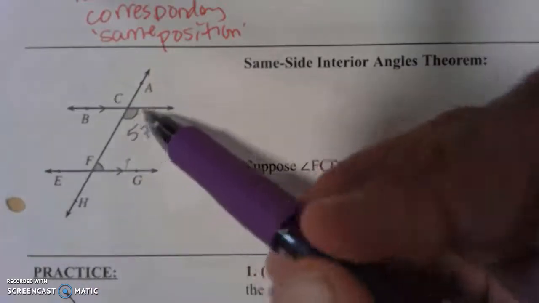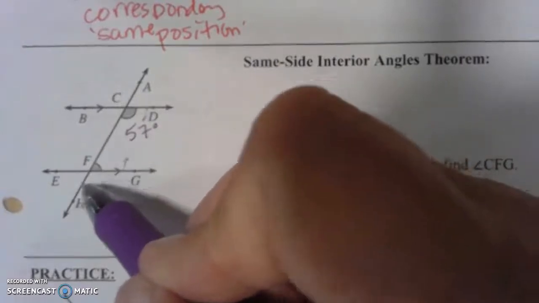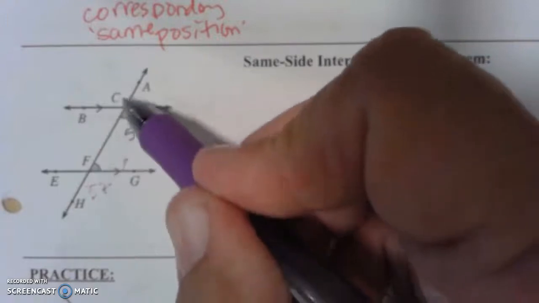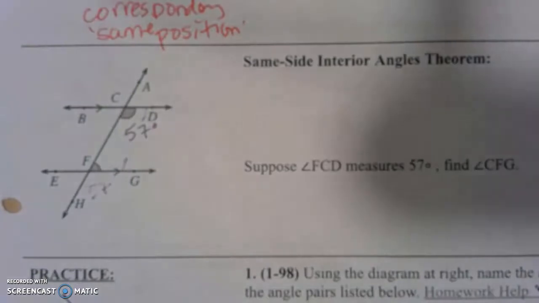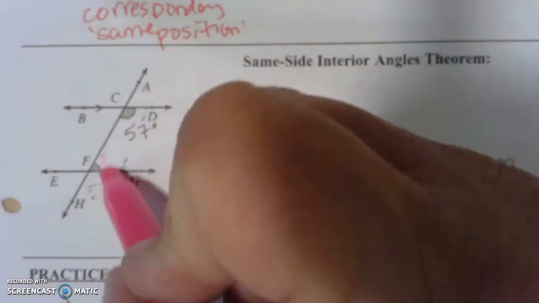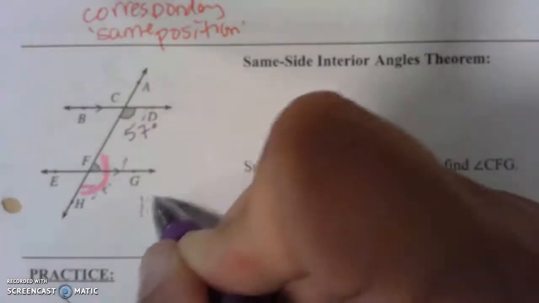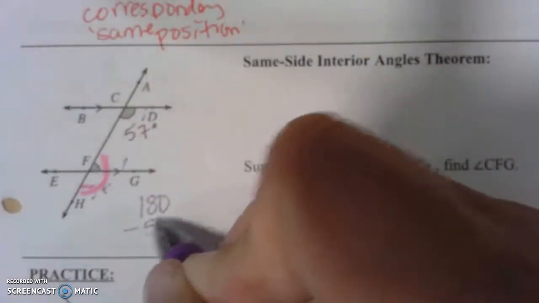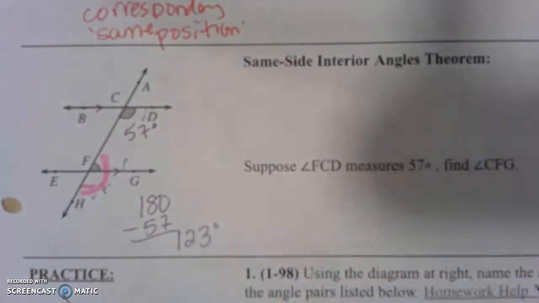Well, again, we can see that FCD and this one down here are corresponding. They're in the same position. Bottom right, so 57 and 57. And then guess what? These two make a linear pair. So we're going to go 180 minus 57 is 123 degrees.